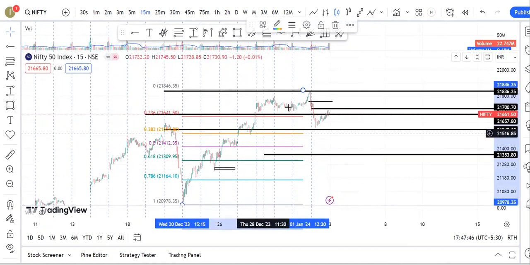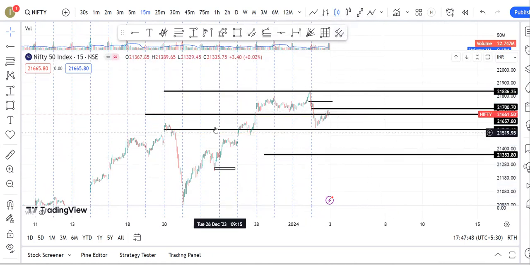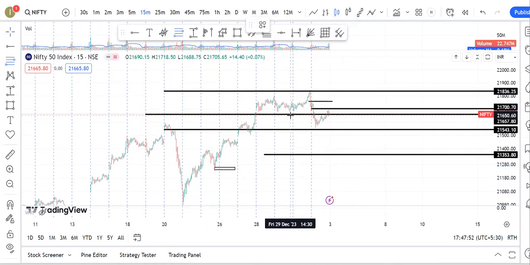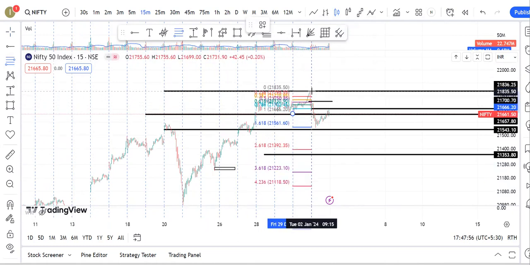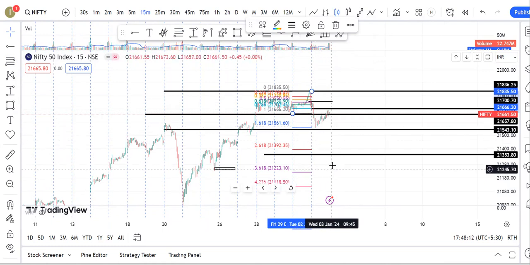You can even make out how much it can retrace by using the Fib tool. So I am applying the Fib from the first low. This is the low, and this low has been violated. If I apply the Fib tool, 1.61 comes to 21,561. So you can see it made a low of 21,000.